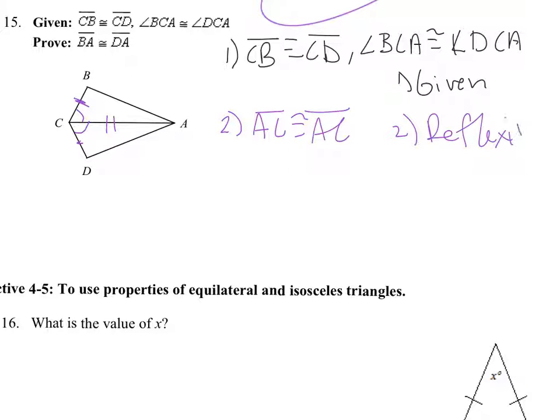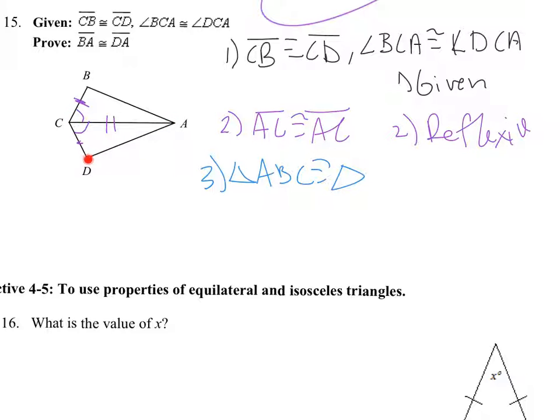So now I know that the 2 triangles are congruent. I'm going to just say triangle ABC first, congruent to triangle ADC. I went in the order A, B, C. So I have to make sure that I highlight nothing, the one tick mark, and then my angle.